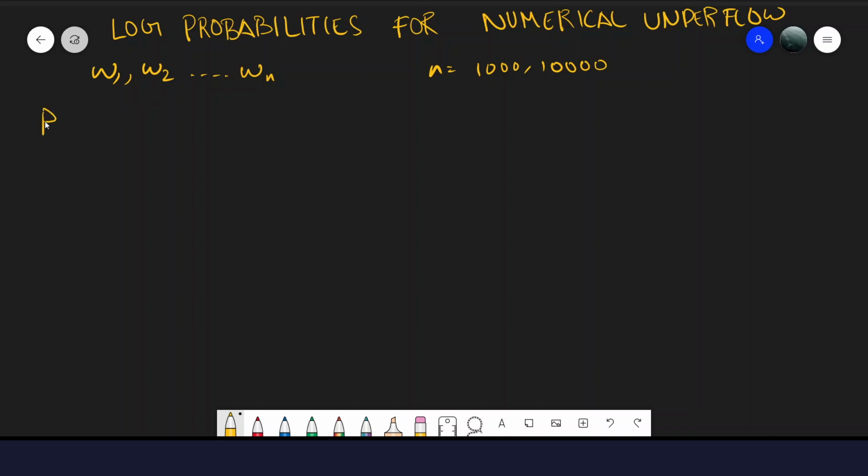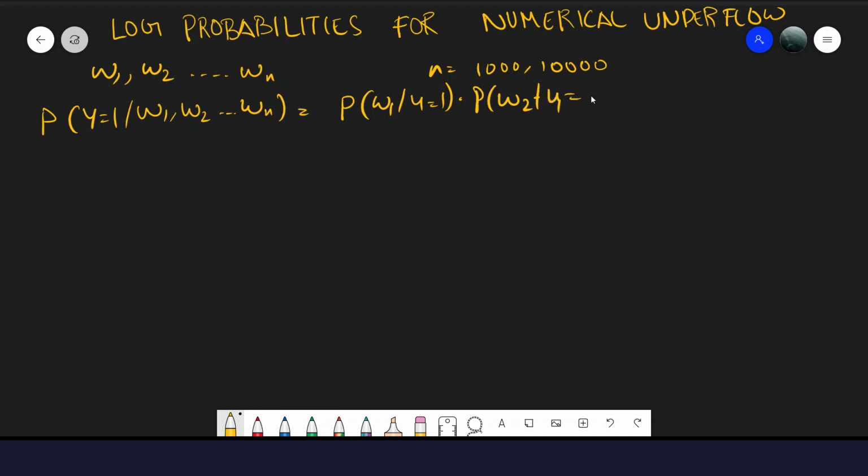If I try to calculate the probability that my class belongs to 1 for all the words in the text corpus, I would have to calculate the probability of W1 given y equals 1 times the probability of W2 given y equals 1, all the way to the probability of Wn given y equals 1, and the probability of y equals 1.